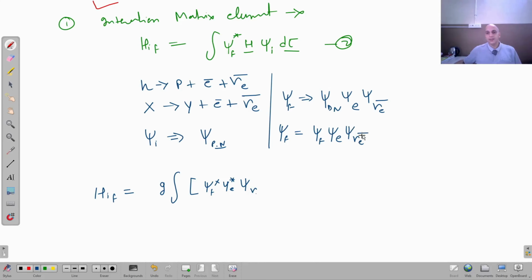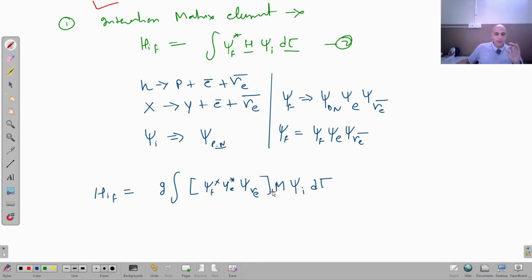This was the wave function of the anti-neutrino, so when you take the star of this, it will become the wave function of the neutrino, right? Then into, it was an H Hamiltonian operator, so here I am writing M, into psi initial d tau.